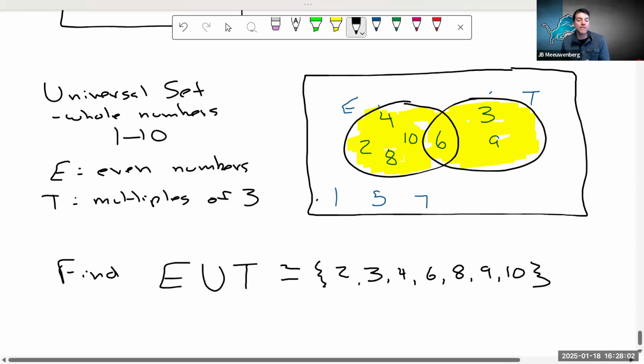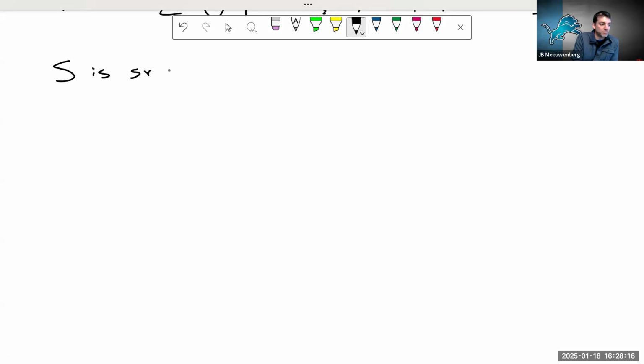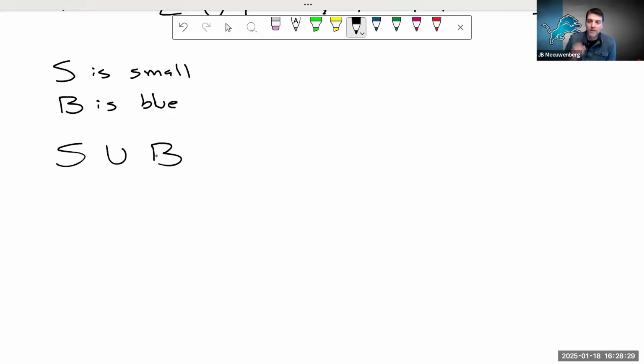Let's do the same thing we did before with the attribute pieces. And this time, again, if S is the small attributes and B is the blue, let's find S union B. Pause the video, try this one on your own, then come back.